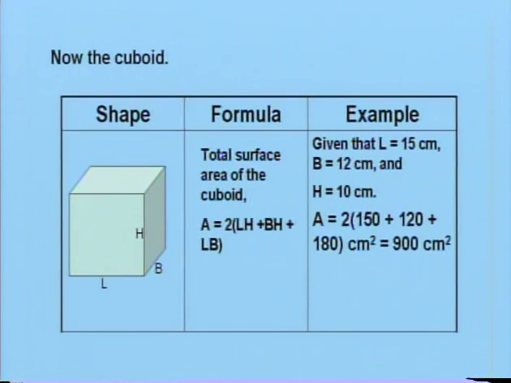Note, area is measured, whether it's plane or solid, in square units, in this case centimeters squared. When we work that sum out, we'll have 900 centimeters squared as the total surface area of that cuboid.